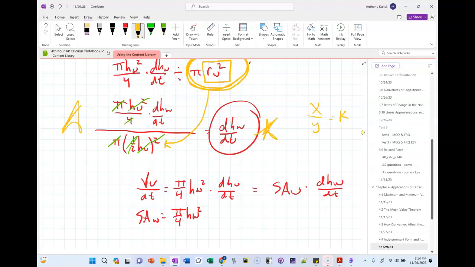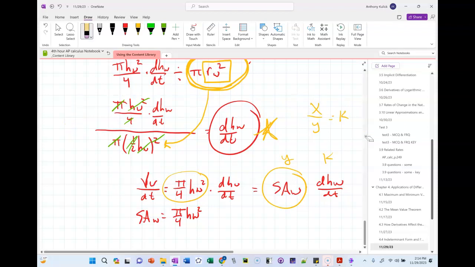So I also wrote it like, okay, here's what this is, and this part is just the surface area of the water. So there's x is equal to y times k. So I was just covering my bases there. Does that feel okay? Yeah.